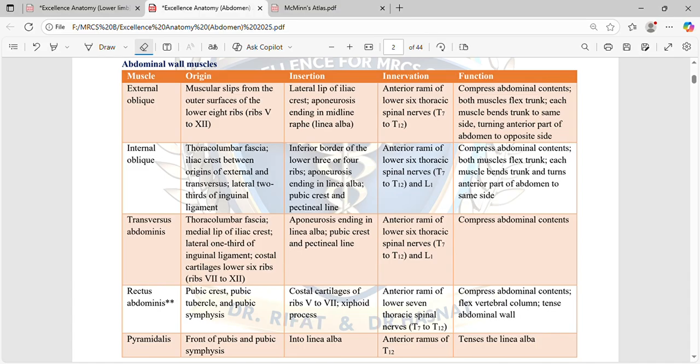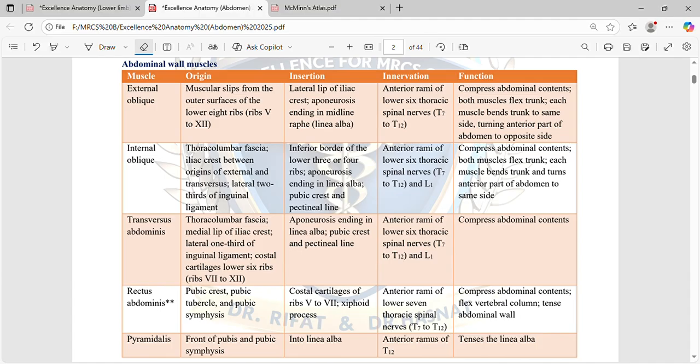This compresses abdominal contents, helping in generating abdominal pressure. Both muscles flex the trunk, and each muscle bends the trunk to the same side. So the left external oblique will bend the trunk to the left side, turning the anterior part of the abdomen to the opposite side.